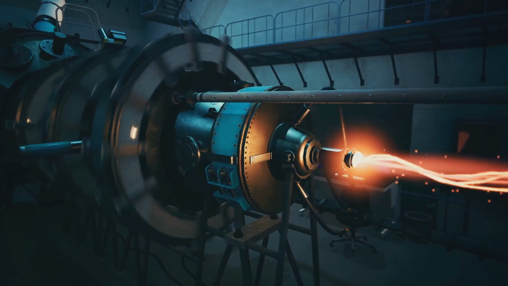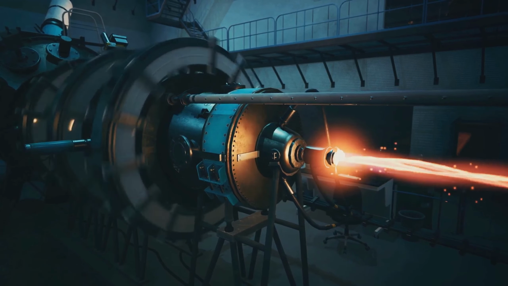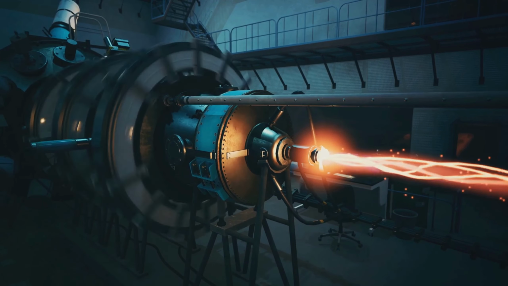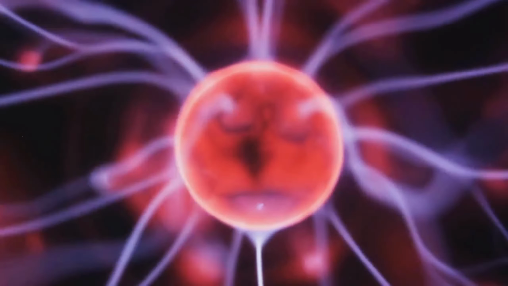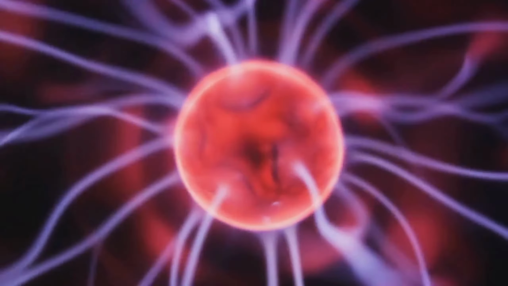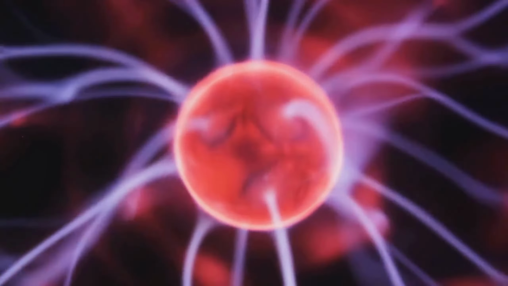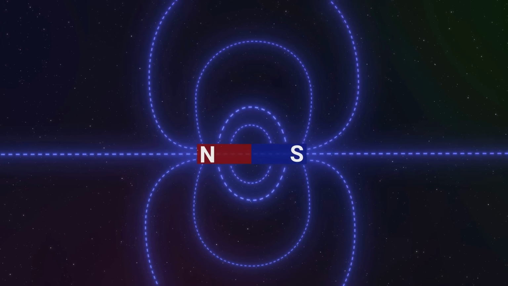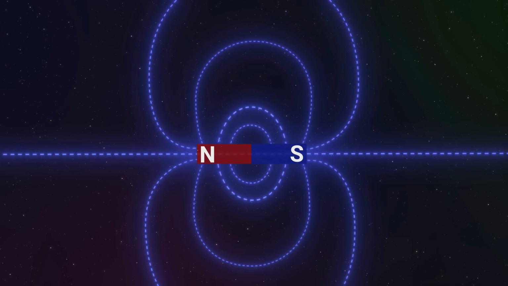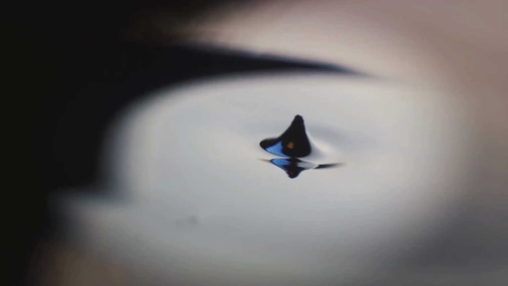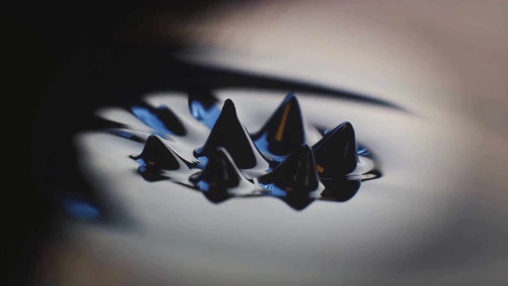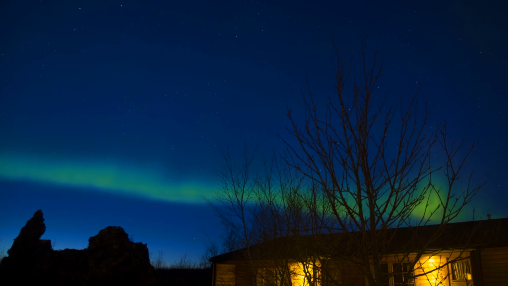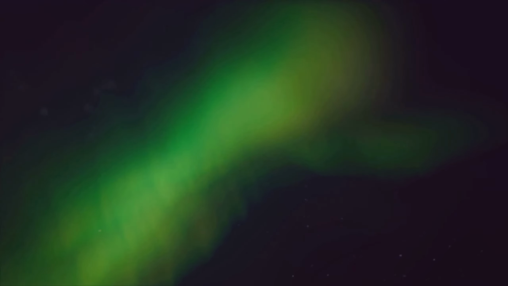These comprehensive features allow for the accurate simulation of complex MHD scenarios such as plasma flows, electromagnetic stirring, or magnetic confinement in fusion reactors. Ansys Fluent's MHD capabilities combined with its robust meshing techniques and parallel computing capabilities make it an invaluable tool for researchers and engineers working in fields where MHD effects are significant.